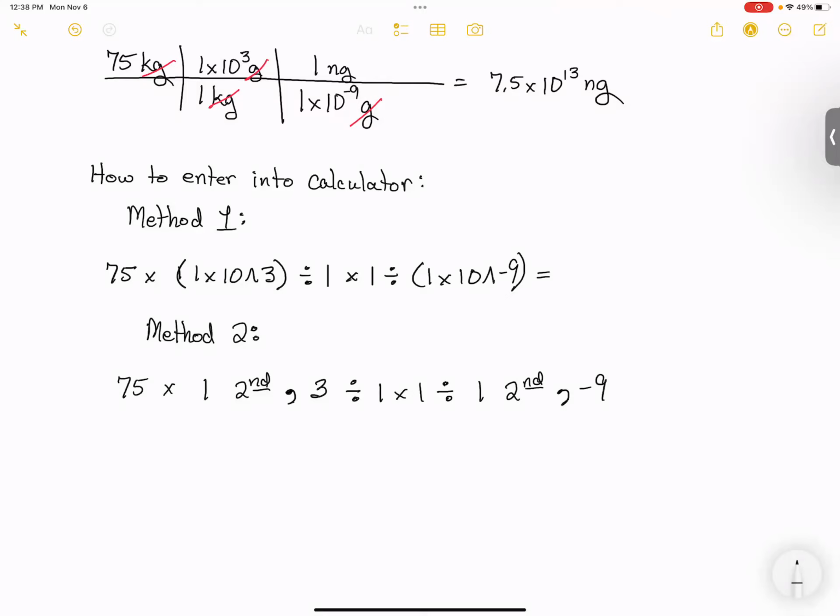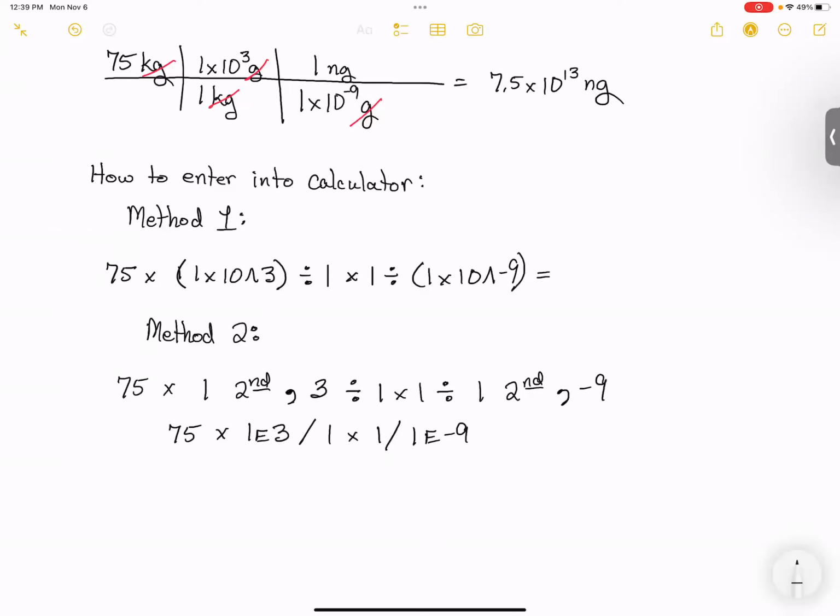What that looks like in the calculator is 75 times 1E3 divided by 1 times 1, divided by 1E-9.